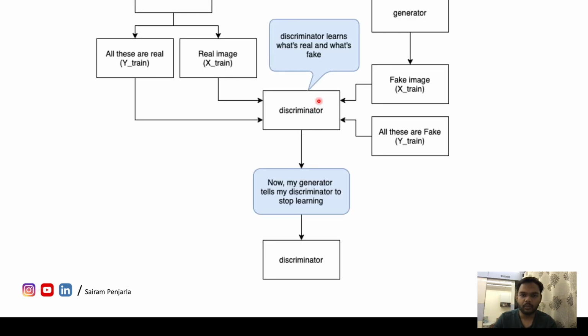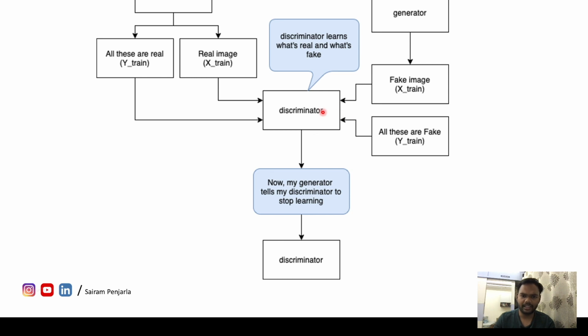In the next step, once my discriminator learns them, my generator is going to tell my discriminator to stop learning. Right now I've already shown you a real image and a fake image, so my discriminator knows a thing or two, but my generator is totally a dumb model. It doesn't understand anything.